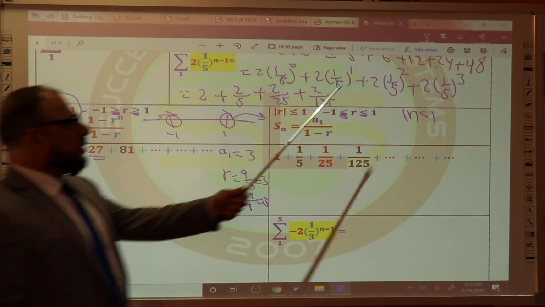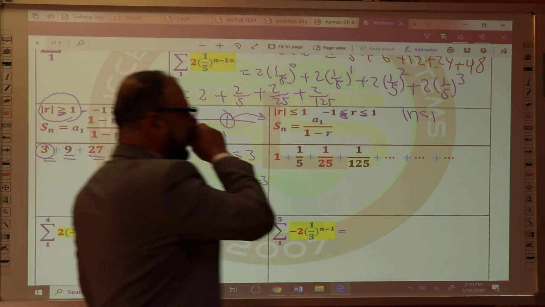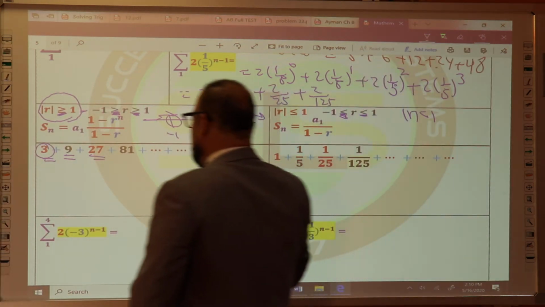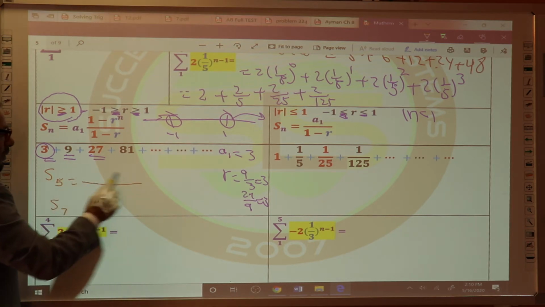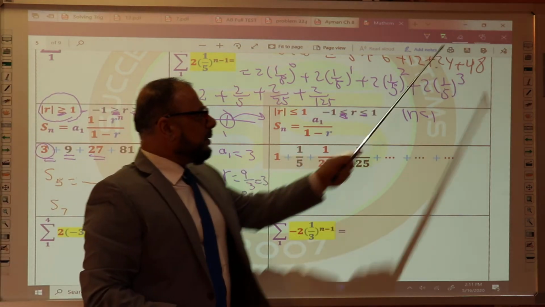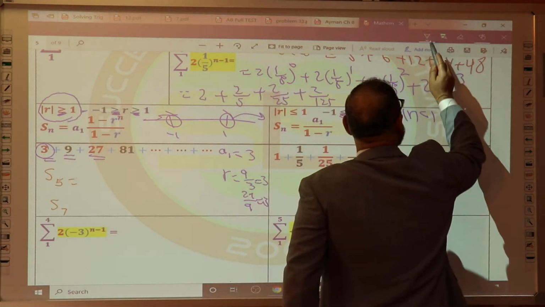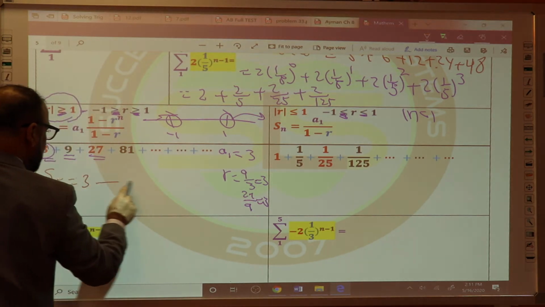Now, let me use a different color. To find the sum, how many terms do you need, guys? I'm going to do the sum of 5 terms and the sum of 7 terms. What's A1? A1 is 3.